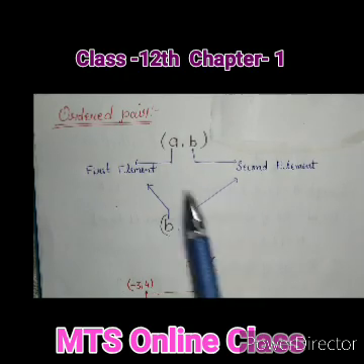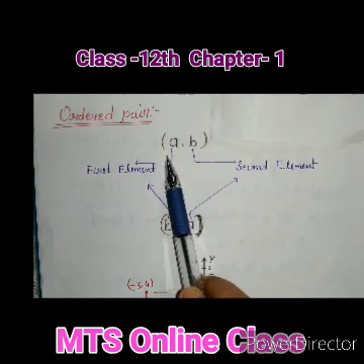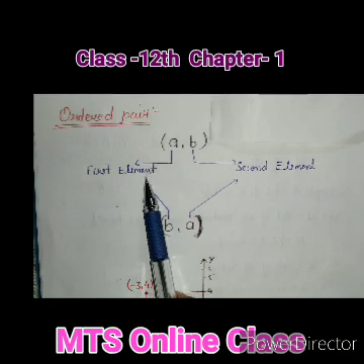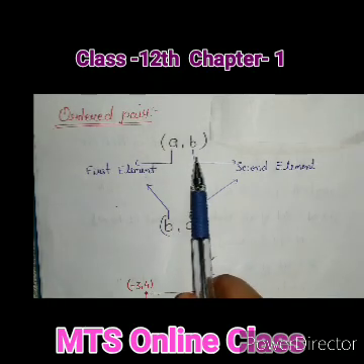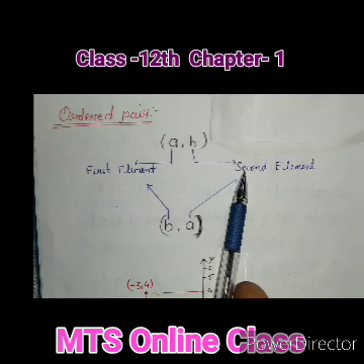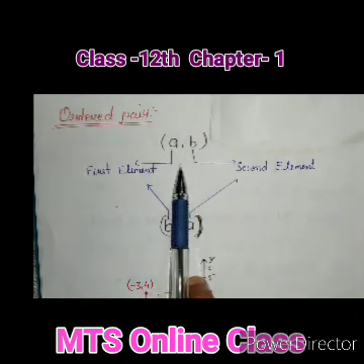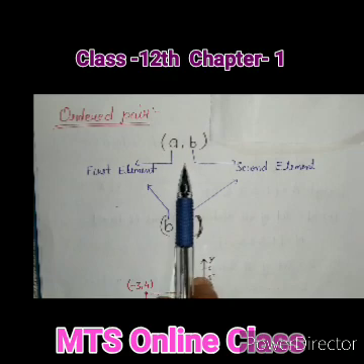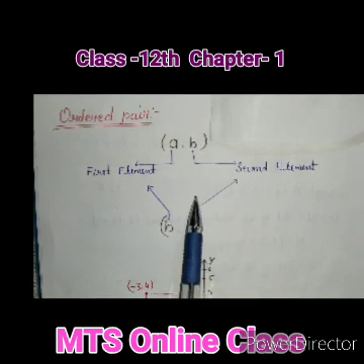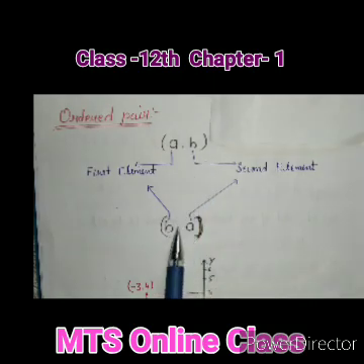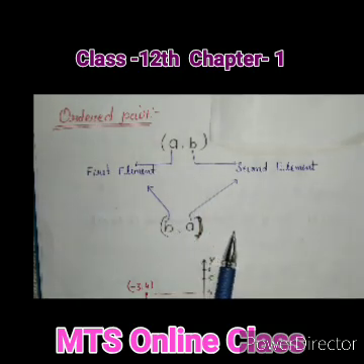Where A is the first element or first ordinate and B is the second ordinate, and this pair we say ordered pair. If we change the order of A and B, we get a different ordered pair.